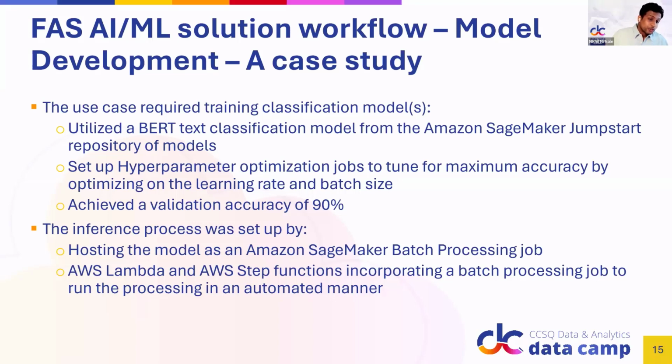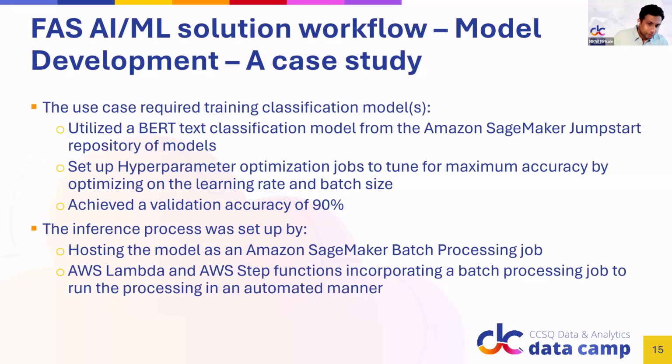Now, once the choice of model was done, we went into setting up hyperparameter optimization jobs to tune for maximum accuracy. And specifically, we were optimizing on the learning rate and the batch size. Now, there's about 16 hyperparameters that you can tune as part of BERT, but learning rate and batch size are something that is recommended by the BERT authors to start off with.